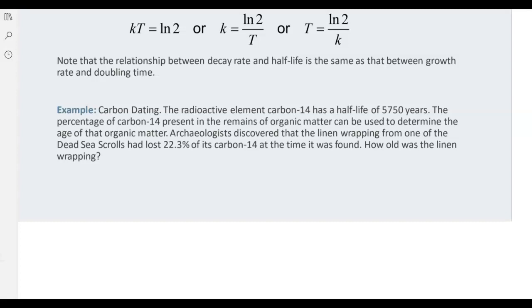Well, let's see. If 22.3% of the carbon-14 has decayed, then that means there is still, at the time of this finding, 77.7% remaining, right?